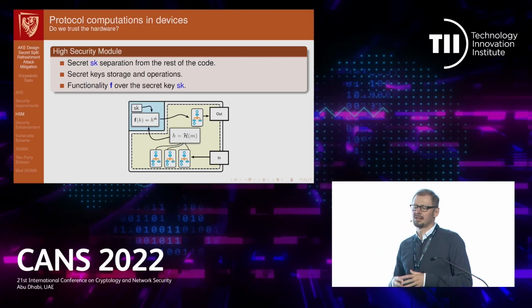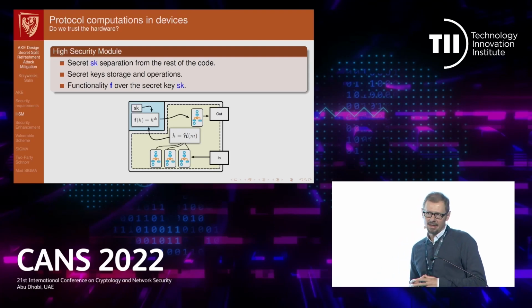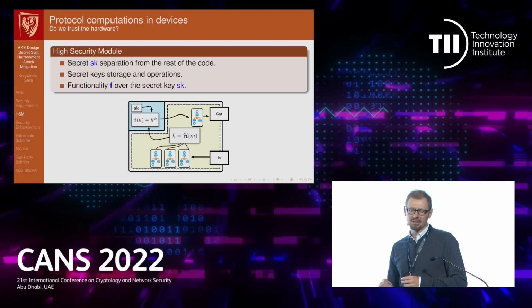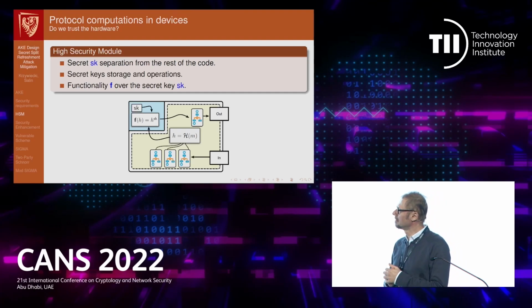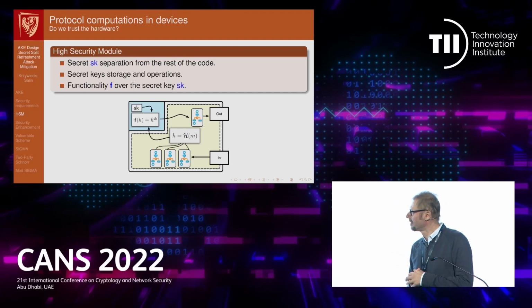That signing module, which separates its functionality from the rest, stores the secret key and fulfills the fundamental security operations with that secret key. On that slide, we denote that functionality with that bold F.